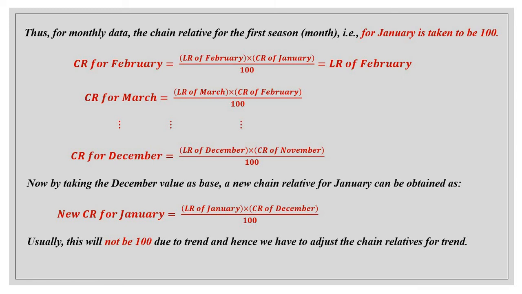Now, by taking the December value as base, a new chain relative for January can be obtained: new CR for January is equal to LR of January into CR of December divided by 100. Usually, this will not be 100 due to the trend, and hence we have to adjust the chain relatives for trend.